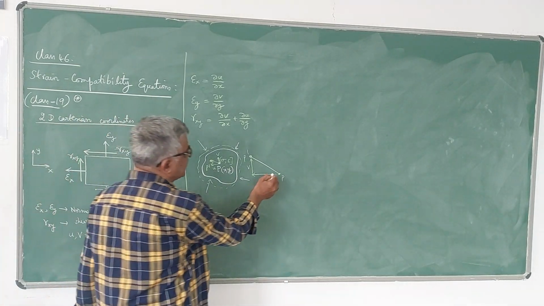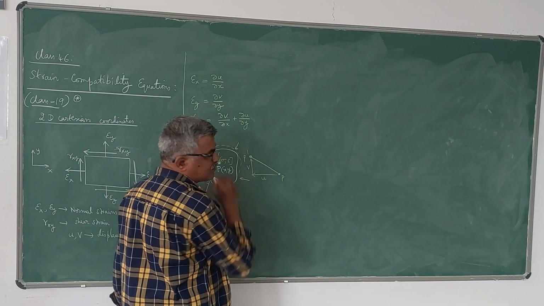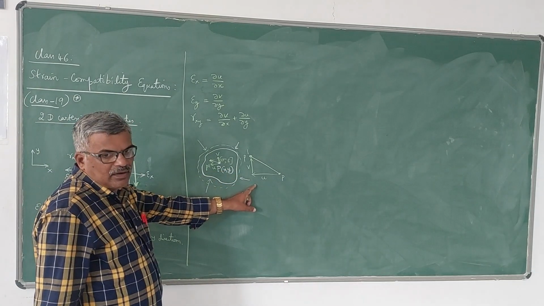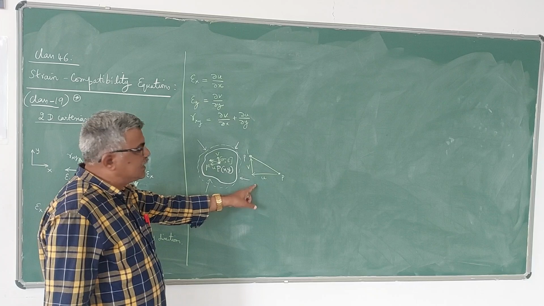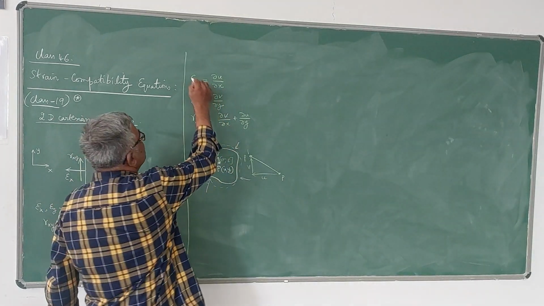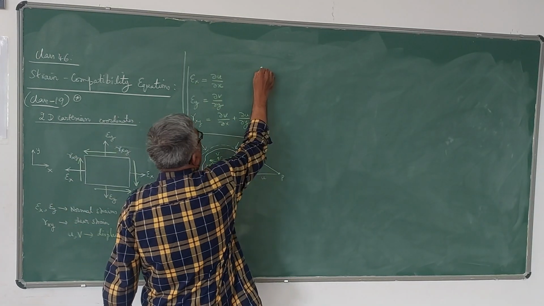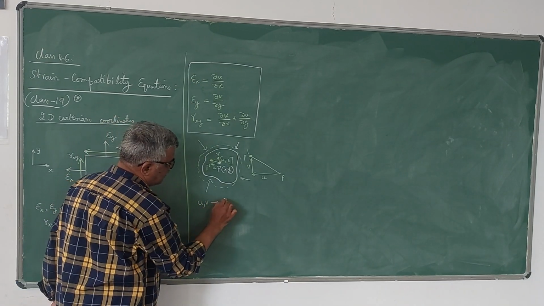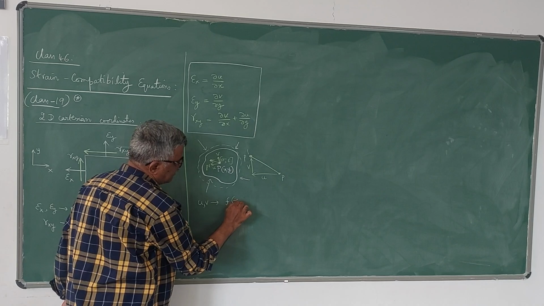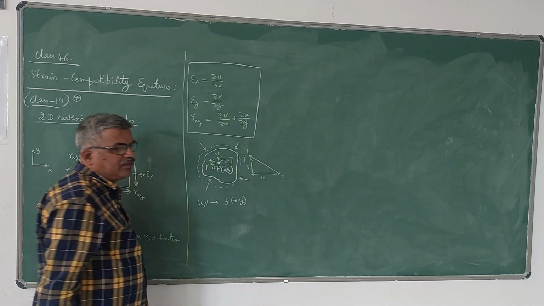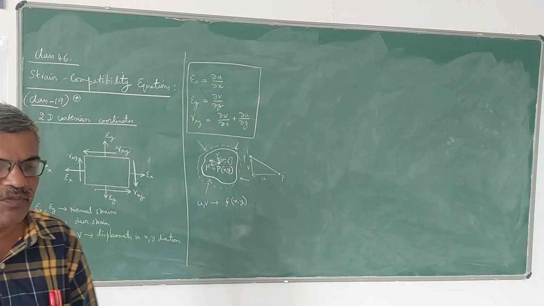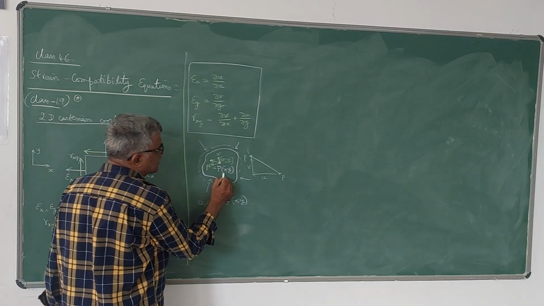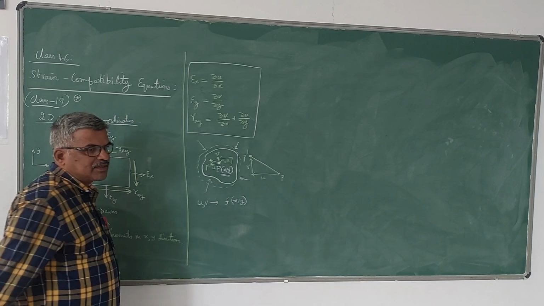The net displacement is this. These displacements will have an effect on the strain values through these formulas. Here you know that u and v are functions of x and y. Please note that u and v vary with respect to x and y. That means displacements will vary with respect to the point under consideration.